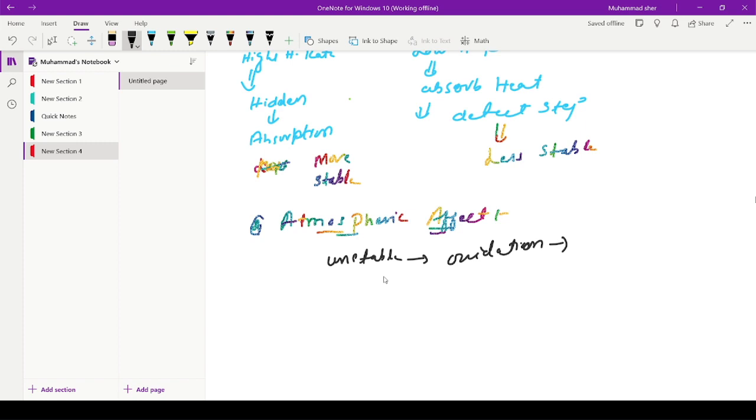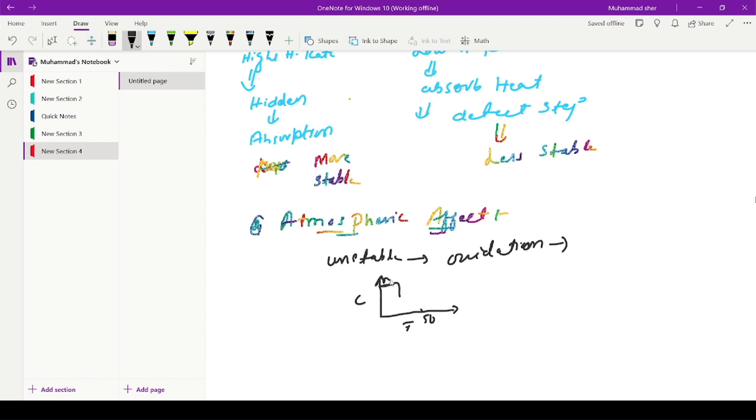For example, if I explain this by drawing a simple thermogram, let's say here it is our temperature and here it is our concentration. Now if we increase the temperature, this substance, let's say at 50 degrees centigrade, has a curve according to the usual phenomena. But if this substance is unstable to oxidation, and at this stage in our environment oxygen is present, we will observe a curve that occurs before 50 degrees centigrade.